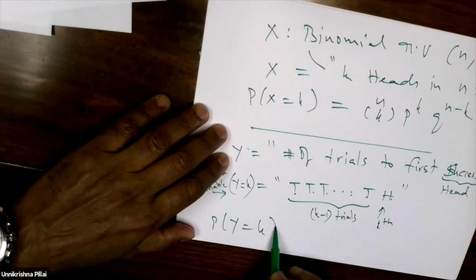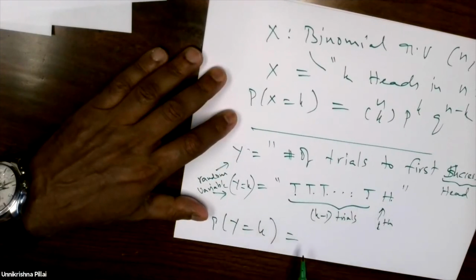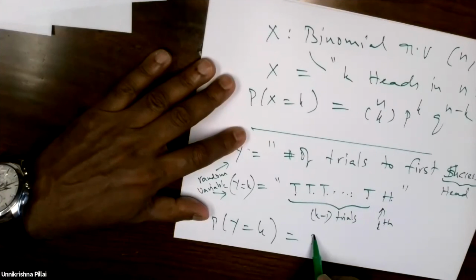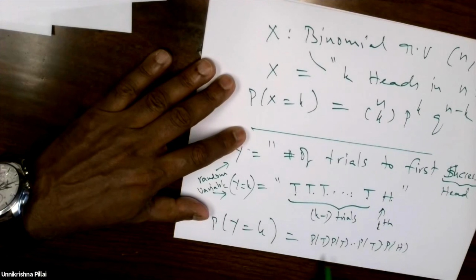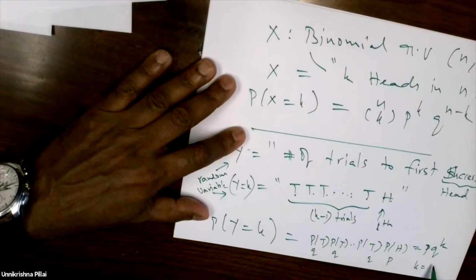So what is the probability of y equal to k? All these are independent trials, so it's the product of the probabilities. It is probability of t multiplied by probability of t, etc. And this is all q, q, q, p.